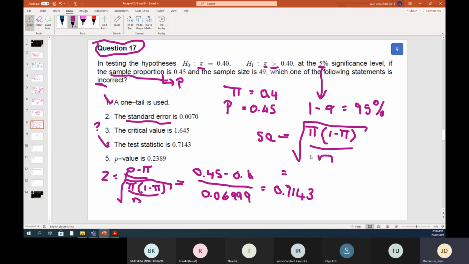Okay, which then is, why is my calculator not working this out correctly? Okay, so when you guys worked it out, what do you get for your standard error?